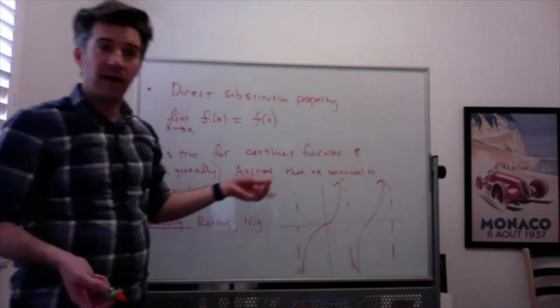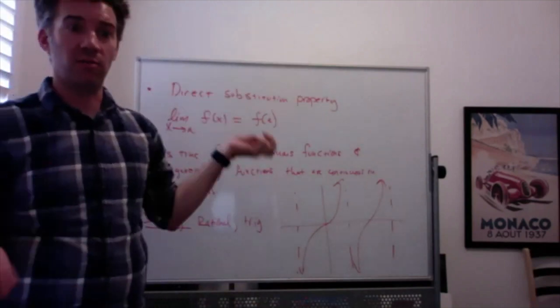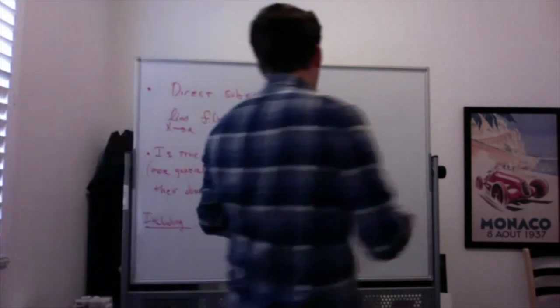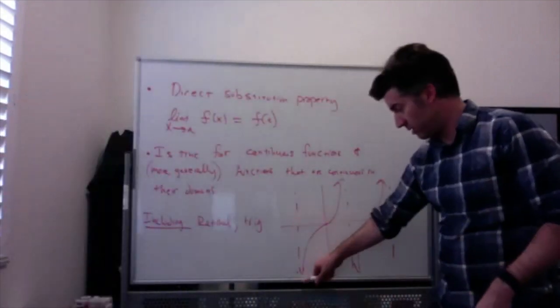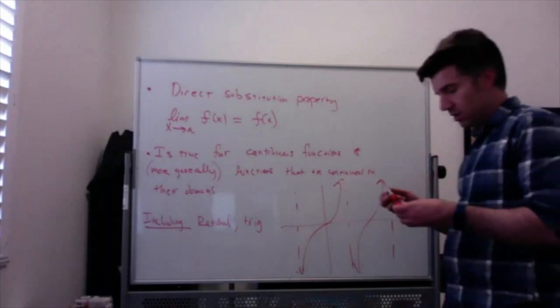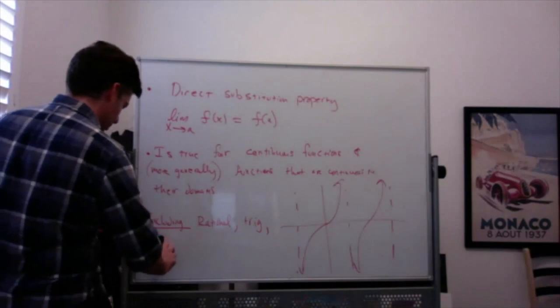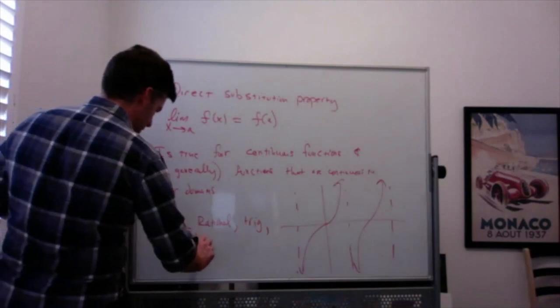Right? It's not defined at pi over 2 and 3 pi over 2 and negative pi over 2 and 5 pi over 2 and any odd multiple of pi over 2. But everywhere in between those pi over 2's, right, this is totally continuous. So trig functions, exponential, and log functions.